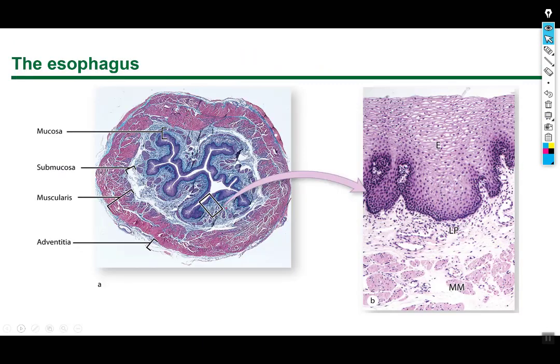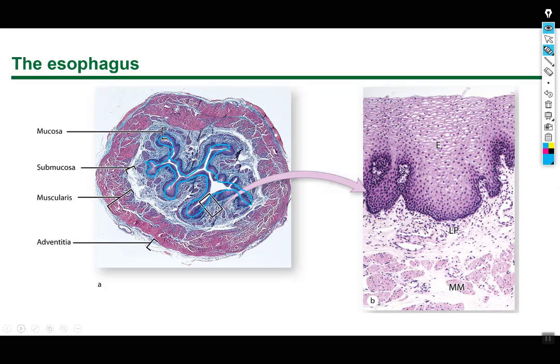So here's another picture of the esophagus. You can see a collapsed stellate lumen, meaning star-shaped. So the esophagus is also quite stretchy to change in size to accommodate many, many different sizes of food. Anybody ever been in the position where you swallowed something that was too big and you could feel it going all the way down? That's what that feeling was.